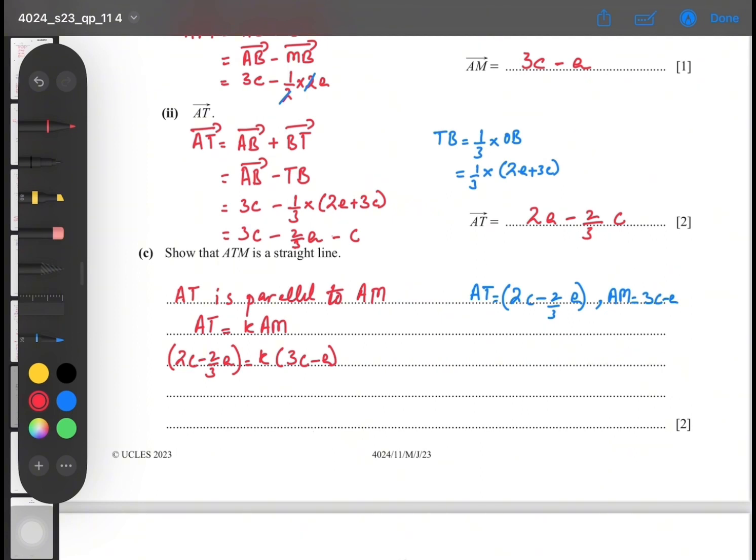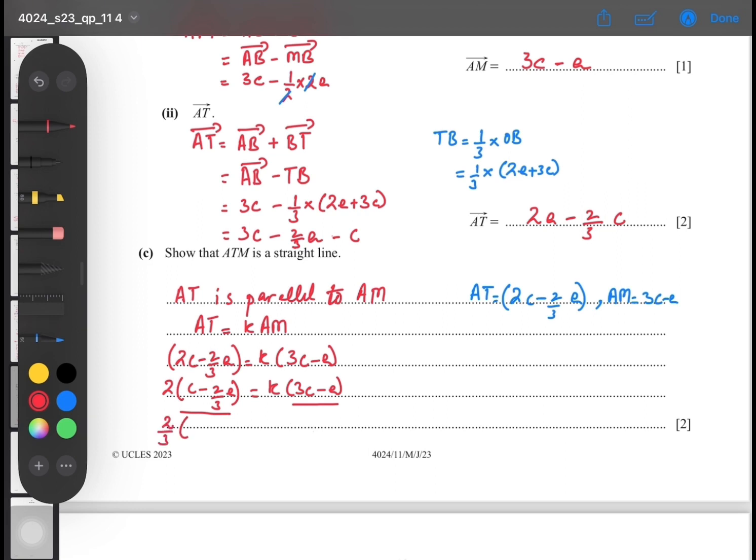I'll take 2 as a common factor. So this is 2 bracket C minus 2 over 3A equals K into 3C minus A. But again, if you see this, C minus 2 over 3A and 3C minus A are still different. So I'll take 1 over 3 as a common factor again.